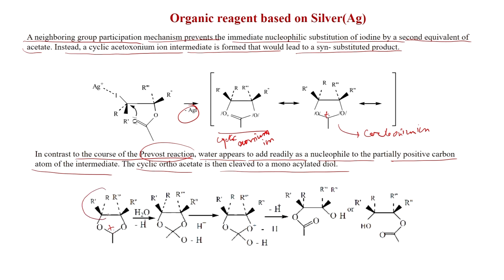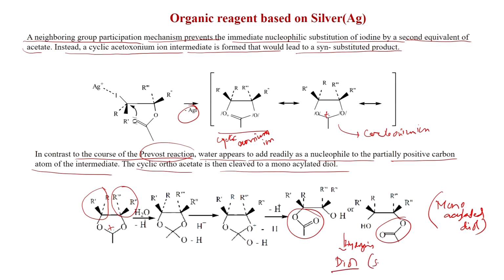So you see the stereochemistry, this is actually seen. When this water attacks the carbonium ion, you generate this and then it is opening. So either the acetate will form on this carbon atom or this carbon atom, whatever. So this is actually a monoacylated diol. You get a mixture of monoacylated diol, but after hydrolysis you get the diol, a single product.